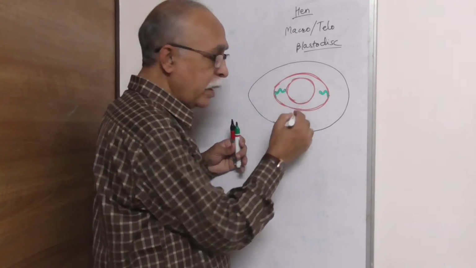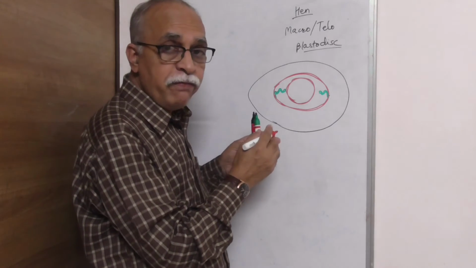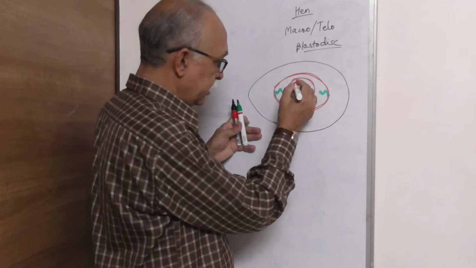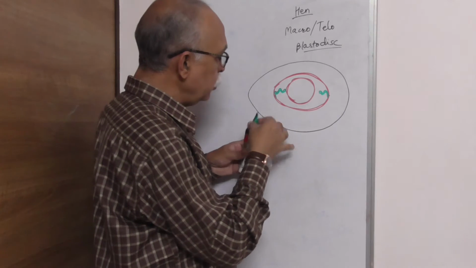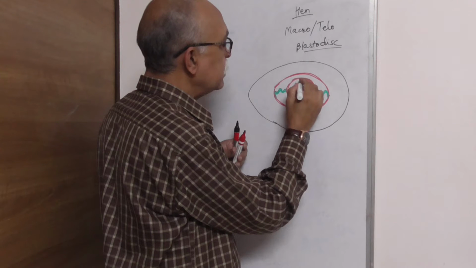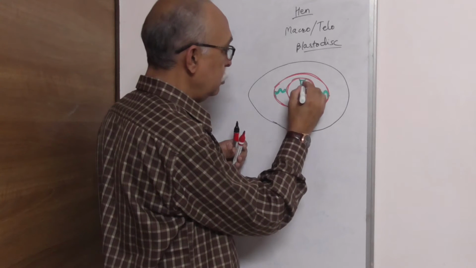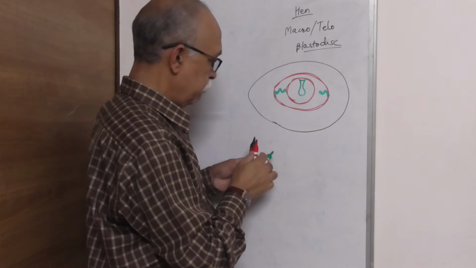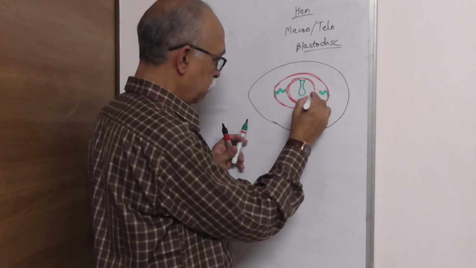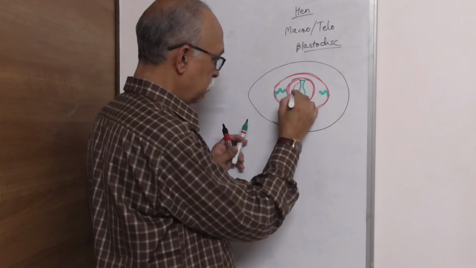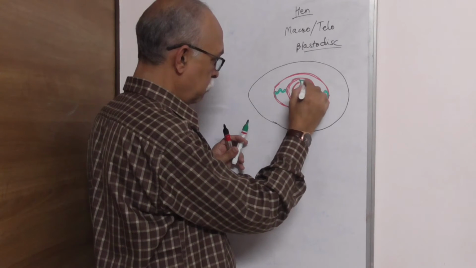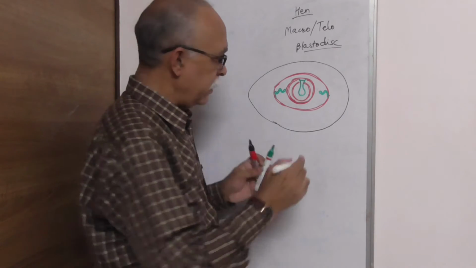Now this is where the yolk would be found in concentric yellow and white circles around a flask-shaped region. Yellow and white circles will be there.